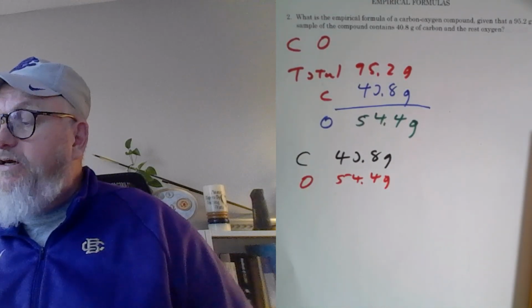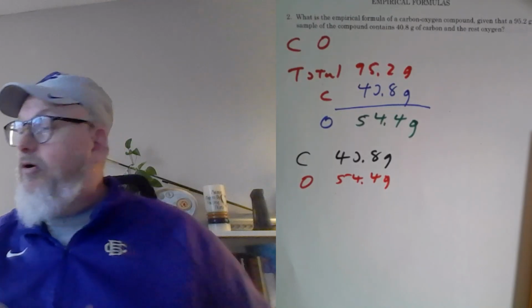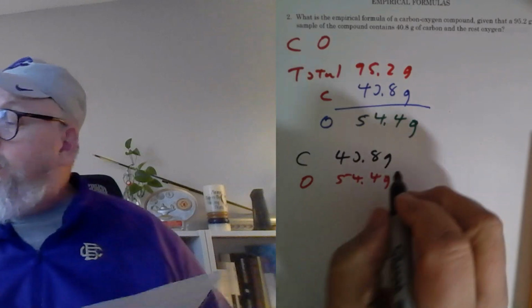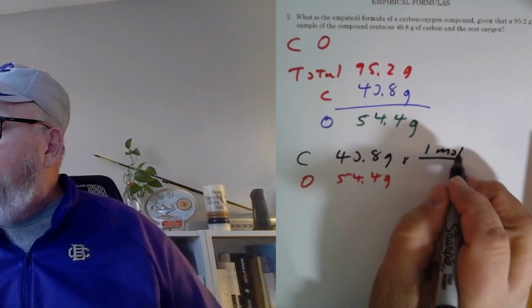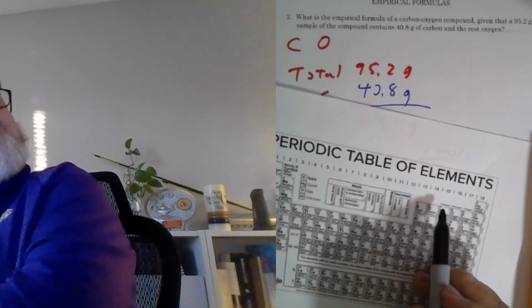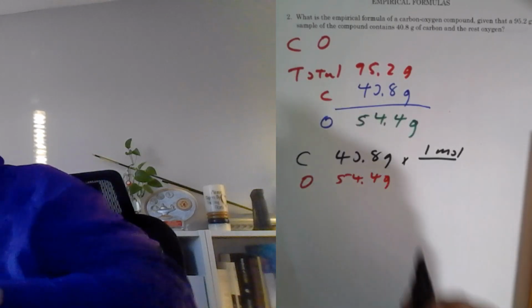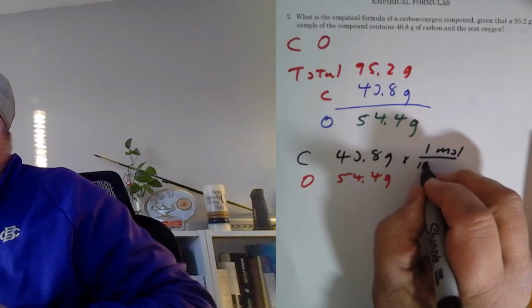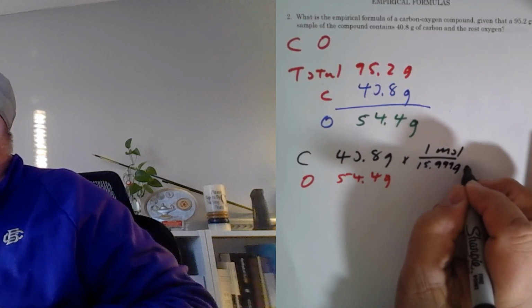So I've got to get to the number of moles of carbon in this compound. I'm going to multiply by 1 mole. I'm looking at my periodic table, and oxygen has 15.99 grams per mole.